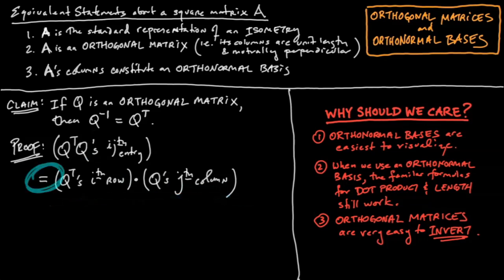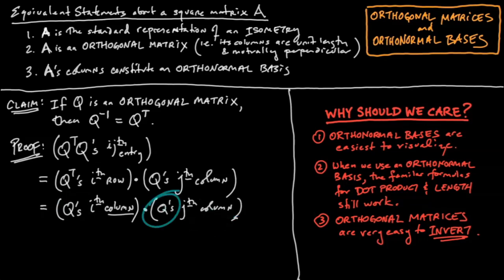We know this equal sign holds by the entry perspective on matrix multiplication. Oh, but look, we're talking about the ith row of the transpose of Q. Well, think about the meaning of the transpose. The transpose swaps the rows and columns. So instead of saying the ith row of Q transpose, we could say, well, that's the same thing as the ith column of Q itself. And we are dotting that with the jth column of Q itself.